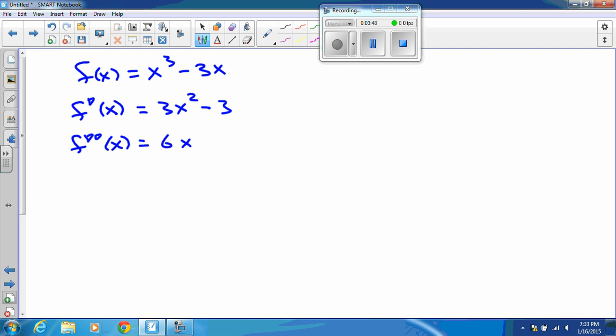And now we have f double prime is equal to 6x. You can see that f double prime in this particular case is less than 0 when x is less than 0, and f double prime is greater than 0 when x is greater than 0.